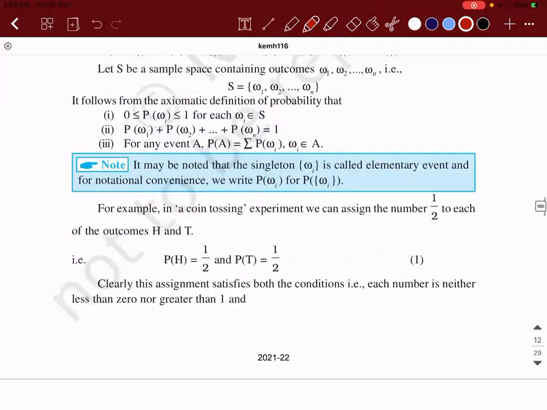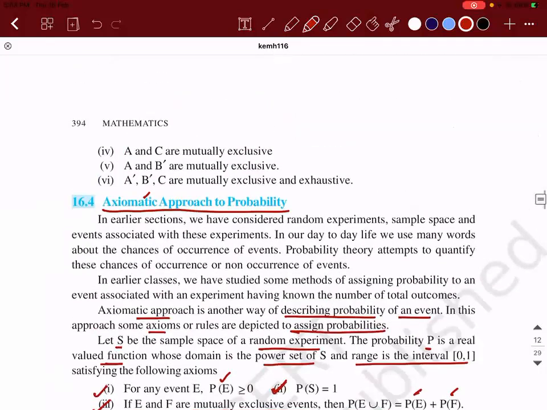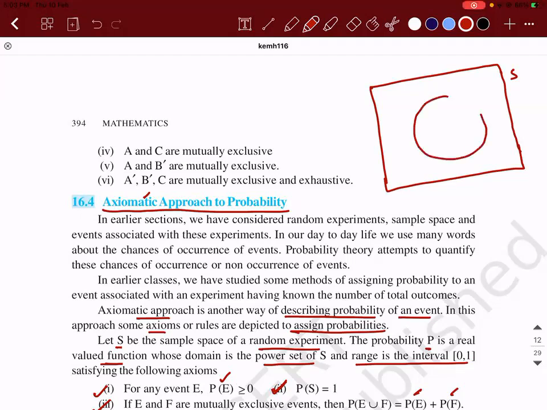So what I want you to do here is understand this concept with the help of a Venn diagram. Let's say this whole rectangular piece is the sample space. Let's say there is an event that is happening and it has all the possible outcomes in this shaded region.